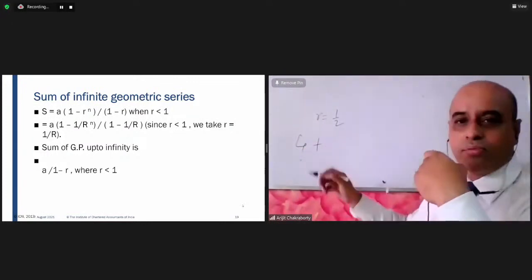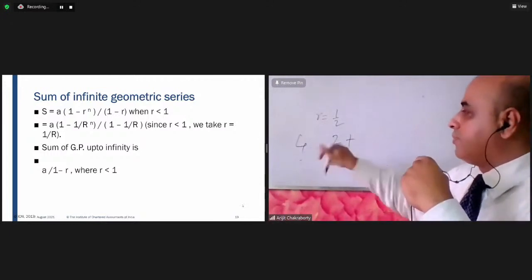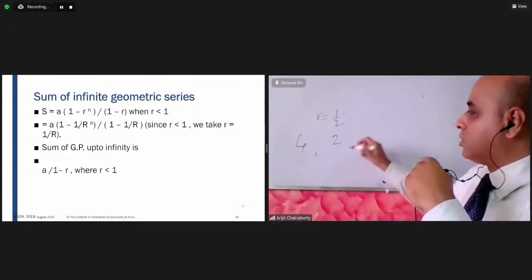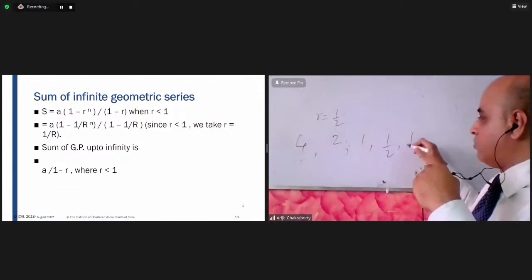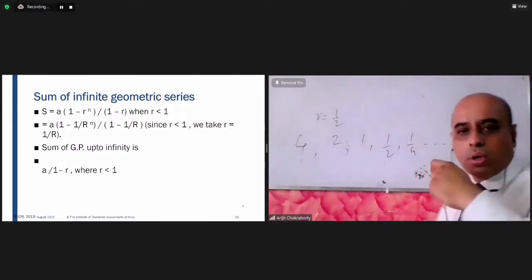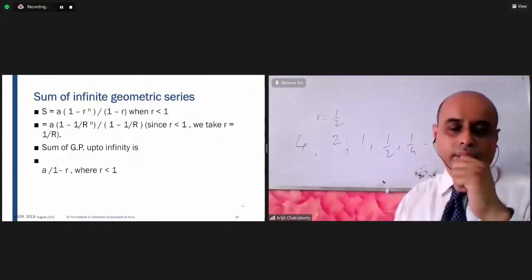The next term will be 4 into half, that is 2. The third term will be 2 into half, that is 1. Then it will become half, then 1 by 4. In this way, it goes on till infinity, that means there is no end.